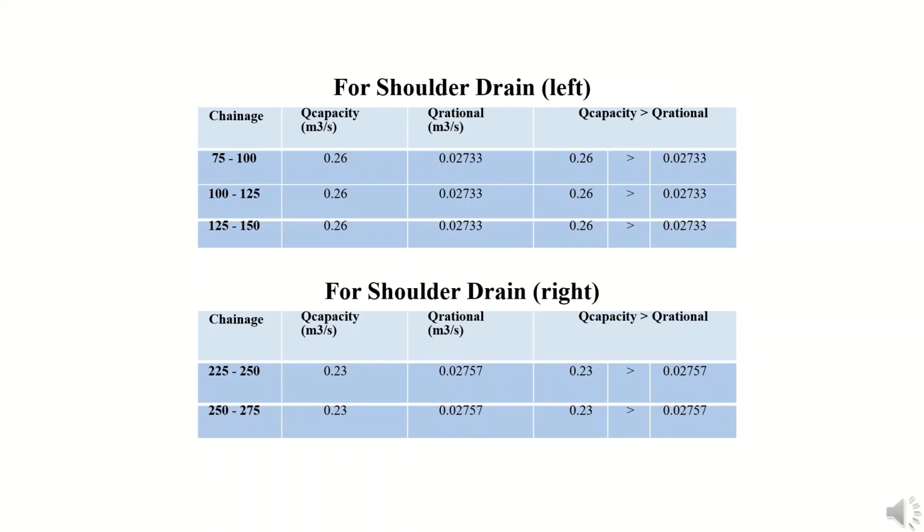For left side of shoulder drain in change 75 to 150, we can see the value of Q capacity is 0.26 and the value of Q rational is 0.02733. For the right side of shoulder drain in change 225 to 275, the value of Q capacity is 0.23 and the value of Q rational is 0.02757.